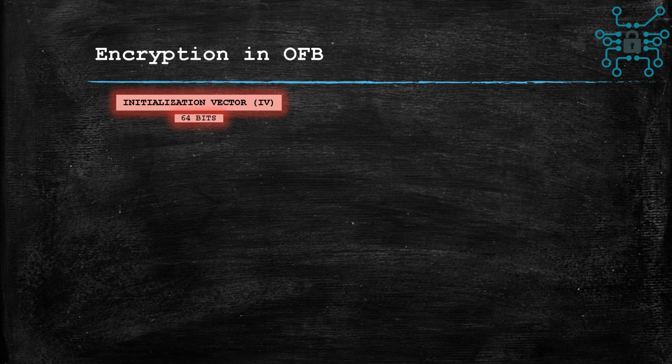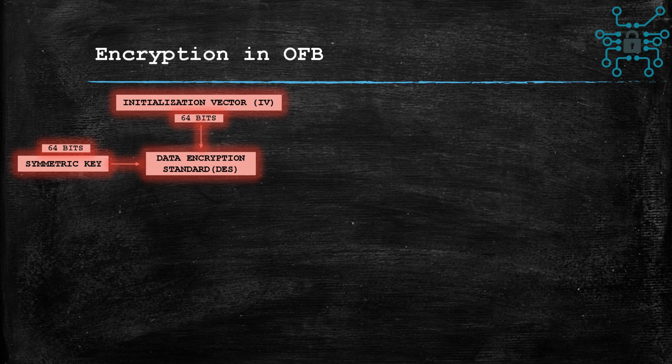Alongside the IV, a 64-bit symmetric key input is used to encrypt the 64-bit IV using a block cipher, such as Data Encryption Standard, or DES, which is a symmetric key block cipher implementation of a Feistel cipher. It is important to note that in cases where the bits do not match, padding is not required, unlike in some modes of operation.